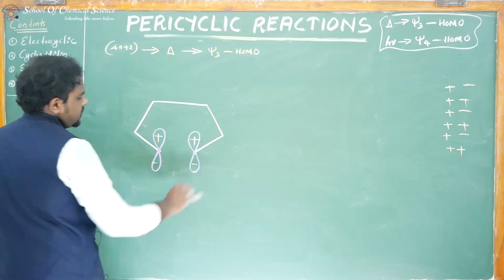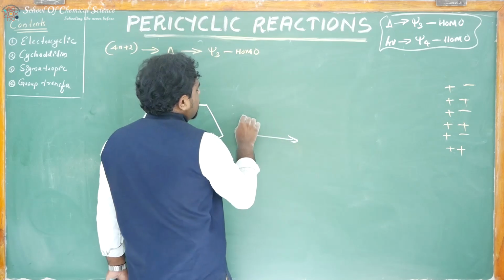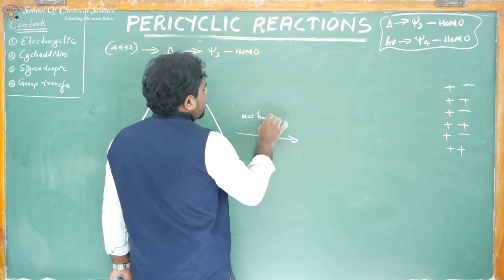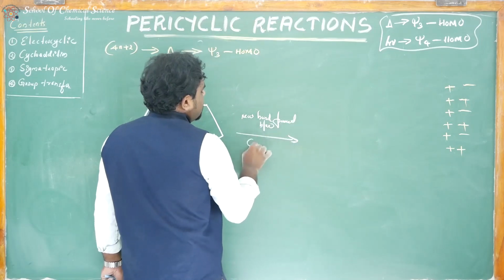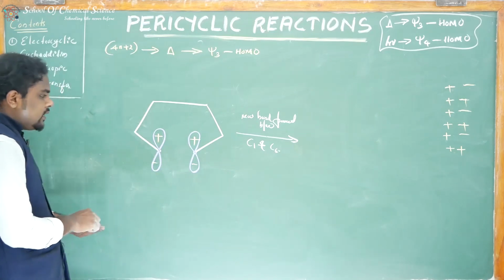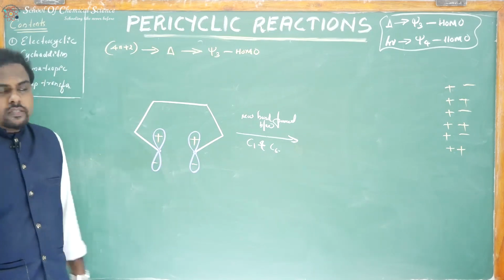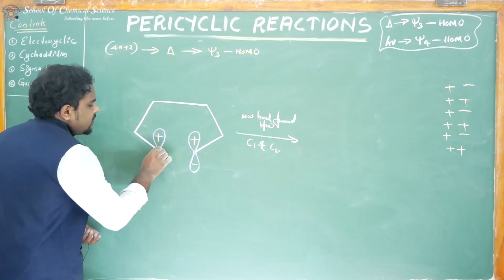So this is minus. So a new bond is formed between C1 and C6. For bond formation, the overlapping orbitals must be in the same phase. So I am rotating the first carbon.